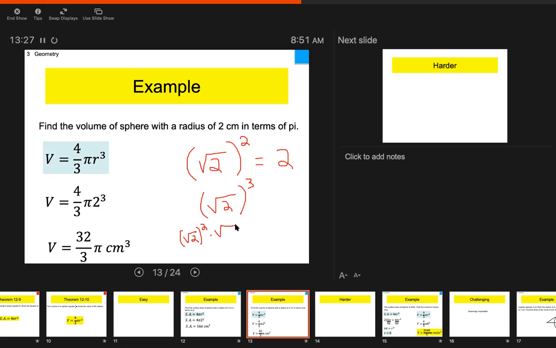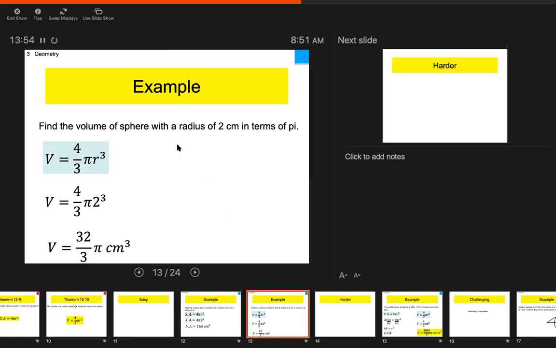And now I have 3 square roots of 2. So there's the square root of 2 cubed. We know that the square root of 2 squared is 2. So just tack on a root 2 and you're done. So the square root of 2 cubed is 2 root 2. That's not an answer, but that's just what the square root of 2 cubed is. So that's probably the only one in the table you might have challenges on. When you cube the square root of 2, you get 2 root 2.